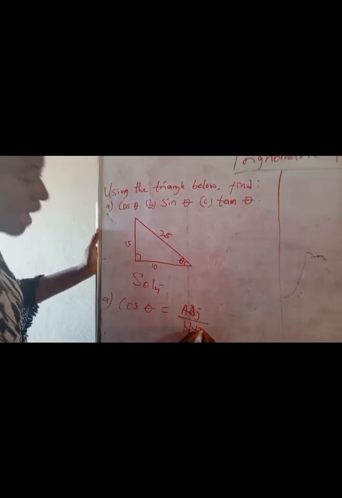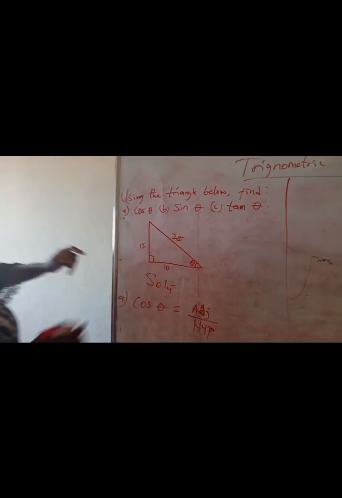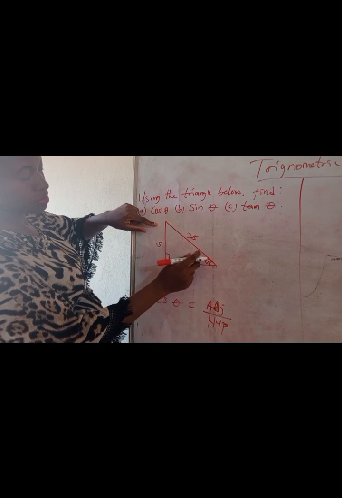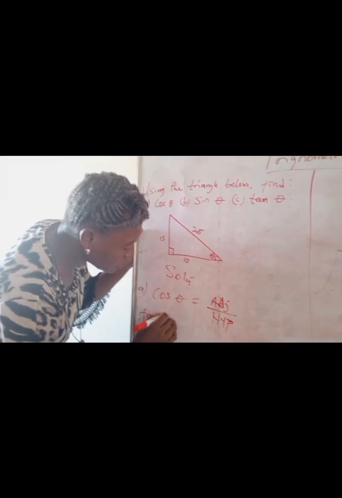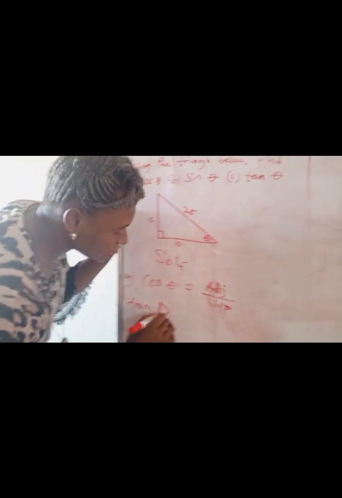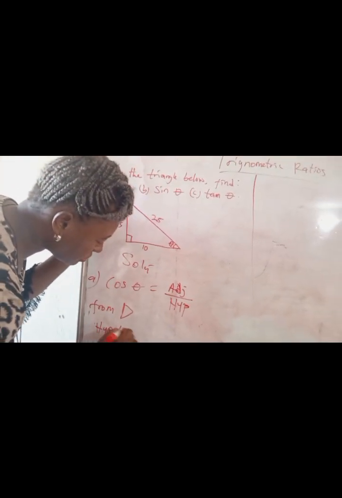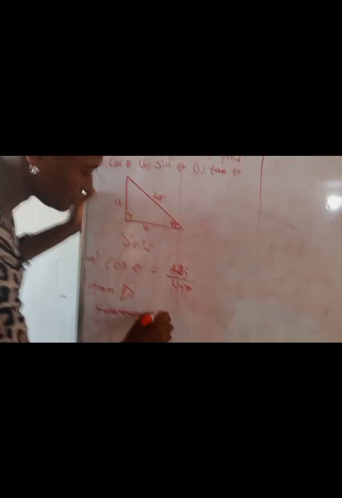Then from this triangle, the longest side is the hypotenuse. So from the triangle, hypotenuse is 25.